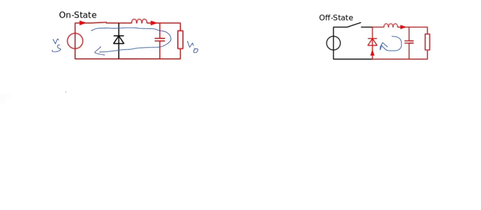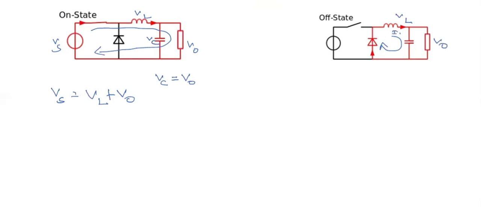During the on condition, if this is the voltage VL, by KVL we can write Vs is equal to VL plus V naught, and if this is Vc, then Vc is approximately equal to V naught, because they are parallel. During off condition, this is VL, this is V naught, and we can mark the current also.